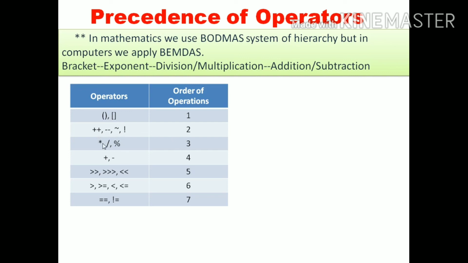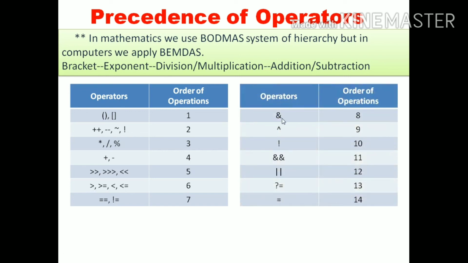Then multiply, divide, and percentage sign, then plus and minus, then shift operators, right shift, then greater than, less than, greater than or equals, less than or equals, double equals, not equals. Other parts are AND at 8, OR at 9, NOT at 10, and double AND, double OR, not equals, equals. So that is the precedence.